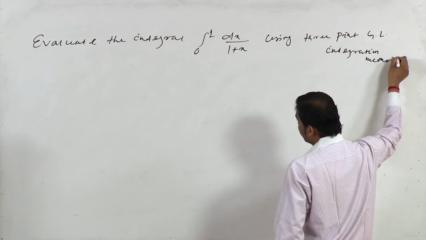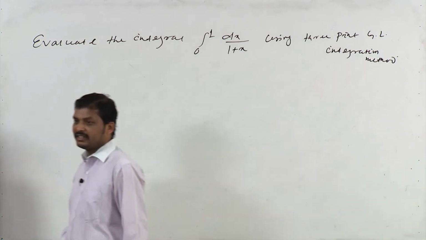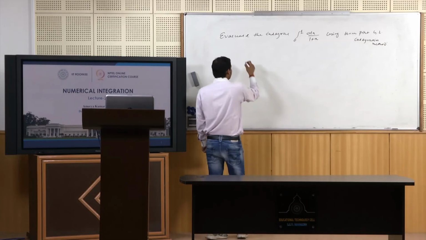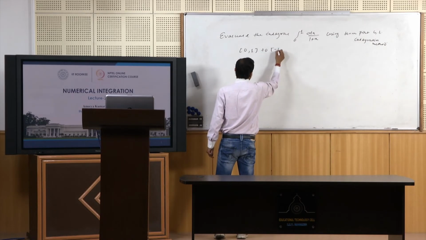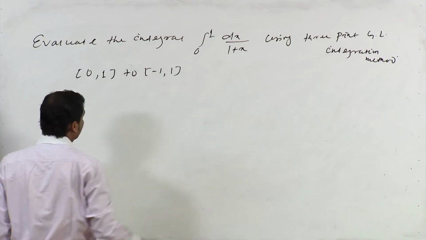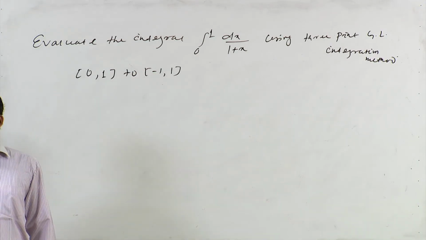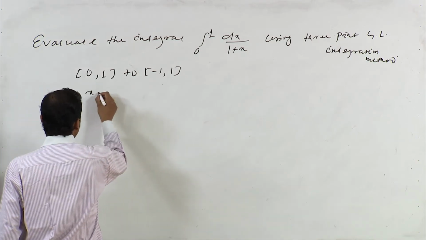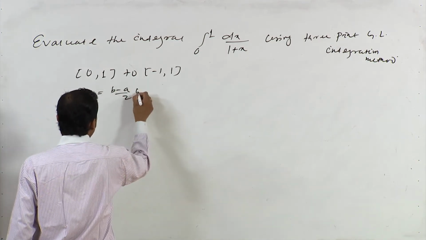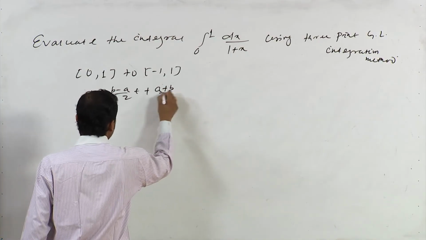Then the first criterion is that we have to transform this integration range 0 to 1 to minus 1 to 1. For that we put x equals (b minus a) by 2 into t plus (a plus b) by 2.